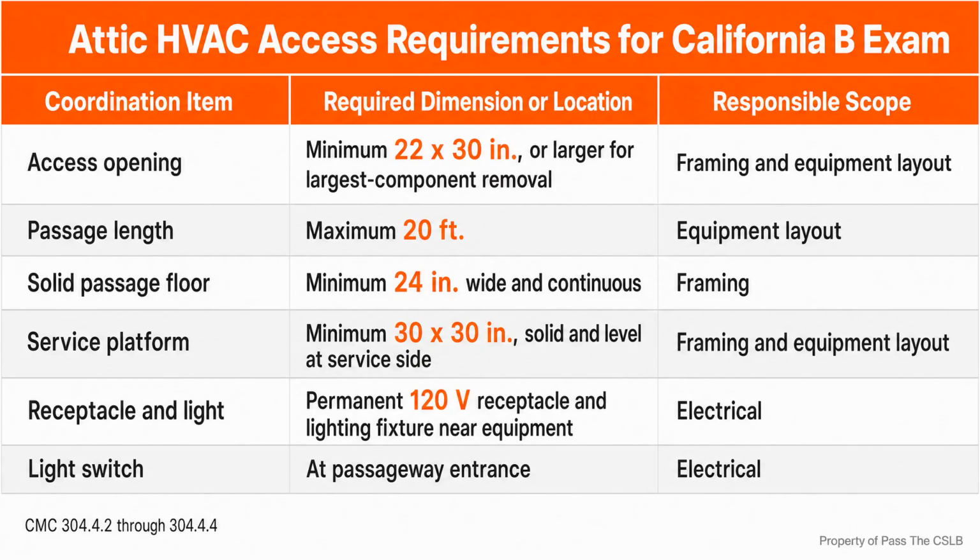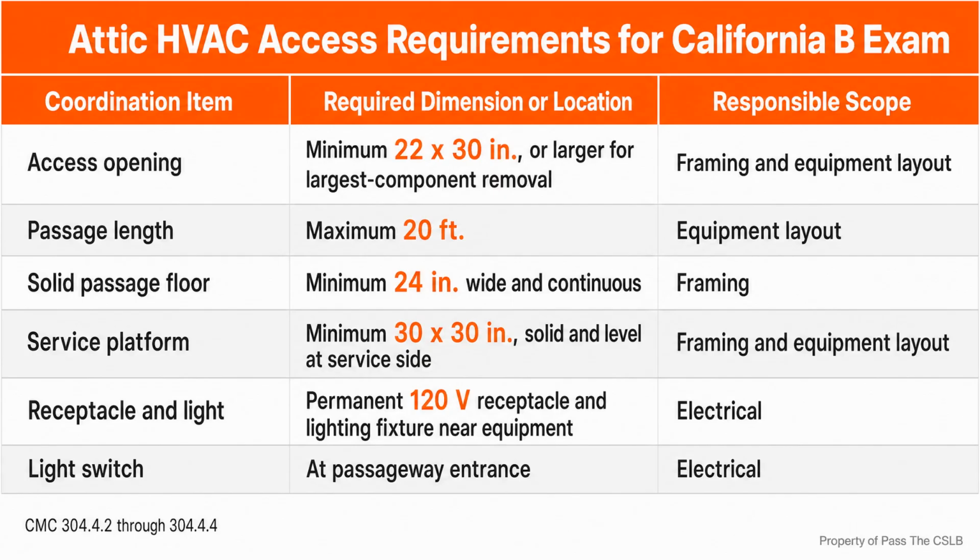The fifth is memorizing dimensions without connecting them to the physical route. I tie 22 inches by 30 inches to getting through the access opening, 20 feet to the maximum travel distance, 24 inches to the solid walking floor, and 30 inches by 30 inches to the level service platform. Each number belongs to a different part of the same trip.